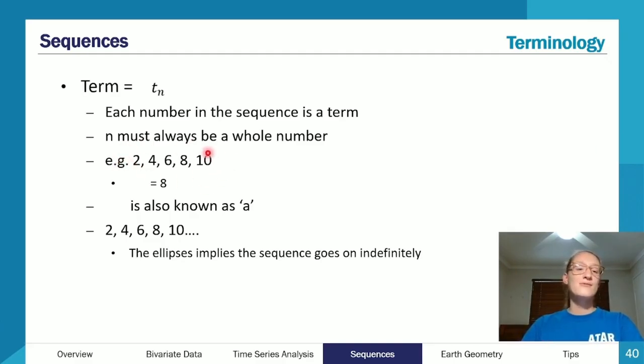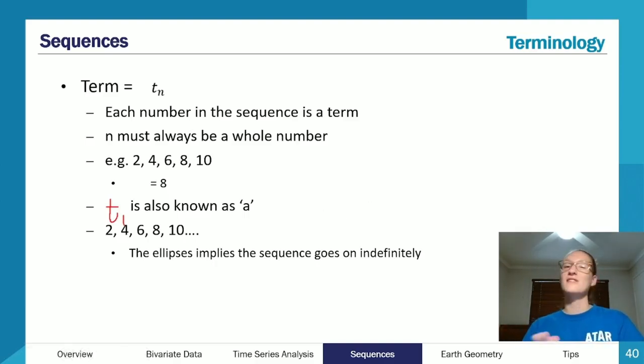And this is the example of the sequence I gave earlier. All we've got to do is count along: term 1, term 2, term 3, term 4. Term 4 is 8. Super simple. What I wanted to say there is that T1 is also known as A. So that's our starting point.